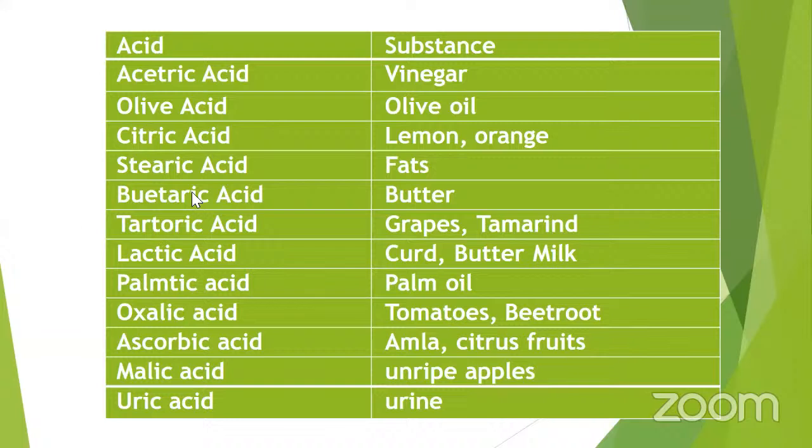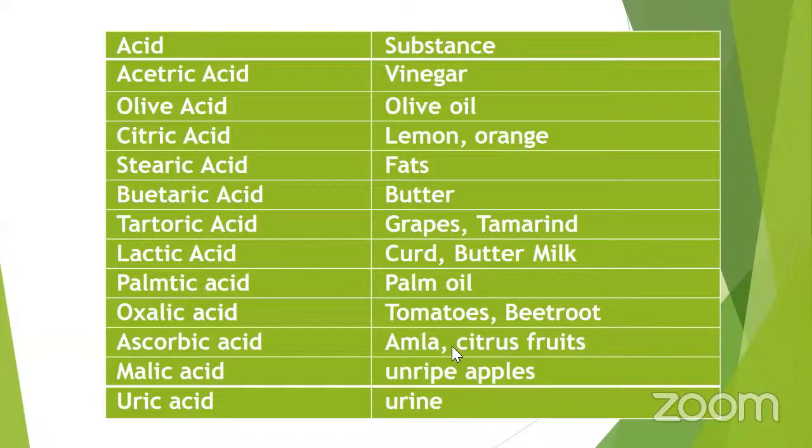Sometimes in the examination, in what way they ask us, the acid present in butter, see butter, butyric acid, see butter with butter, B. అట్లాగే citric acid is present in all the citrus fruits. Already I said citrus fruits, lemon, orange, mosambi, and all these are citrus fruits. And usually lactic acid is present in milk and curd, butter and curd.